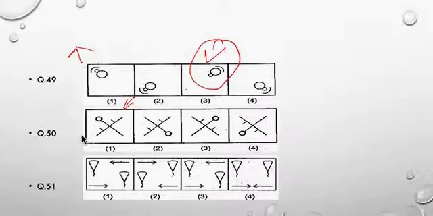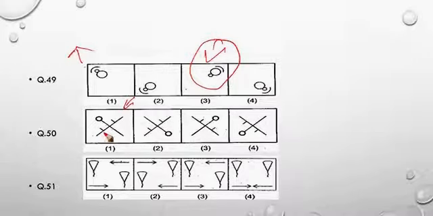In question number 50, there are 4 options given. There is one line and there is another line which is intersecting this line. On the top of the line which is intersecting the first line, there is a circle drawn. In the case of the second, third and fourth figures, the same design is there, but let's carefully watch each of the designs.